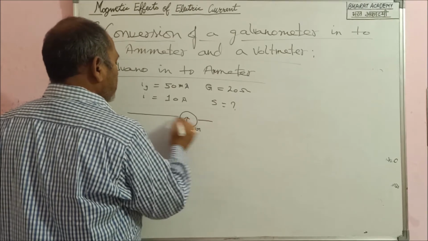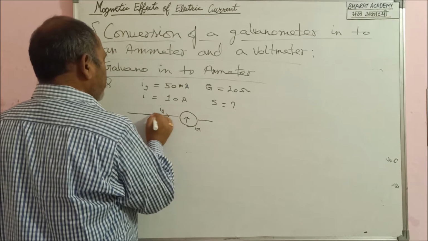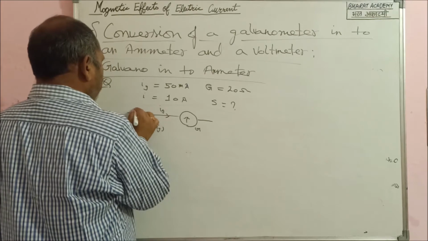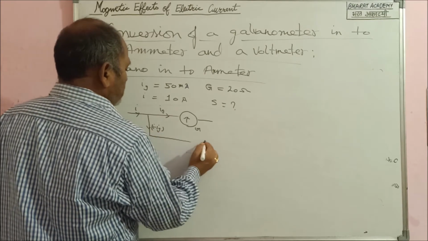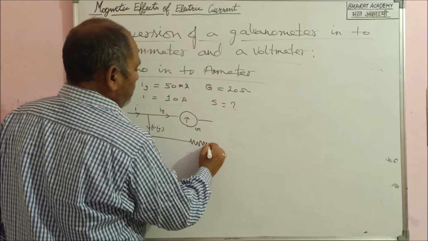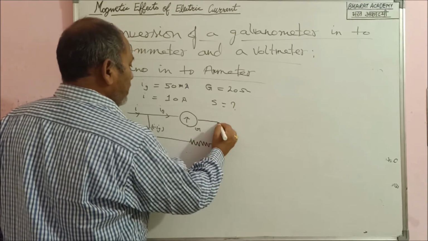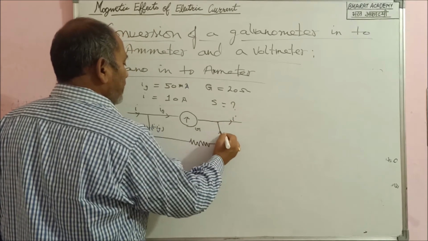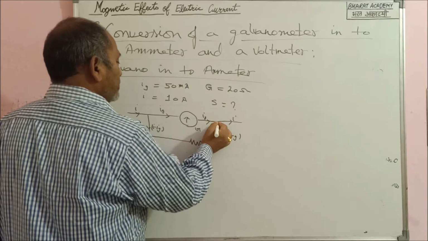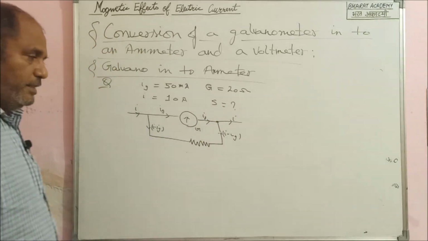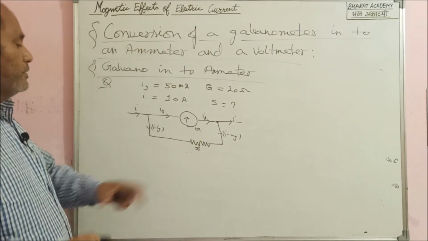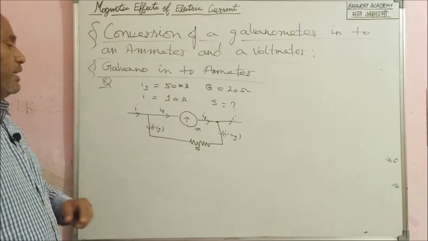This is G, this is Ig, and this is I minus Ig. I is the current coming. In all questions, just draw this one, everything will be crystal clear. And this is the shunt value which we are using. And this is I, again I minus Ig. And Ig is coming from here. So Kirchhoff's law says it will remain I. This is S. If I am not remembering the equation, I can draw this diagram very easily.